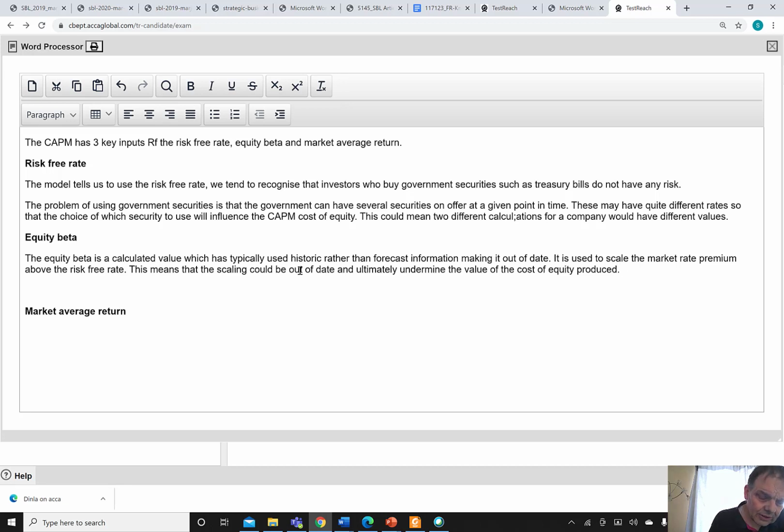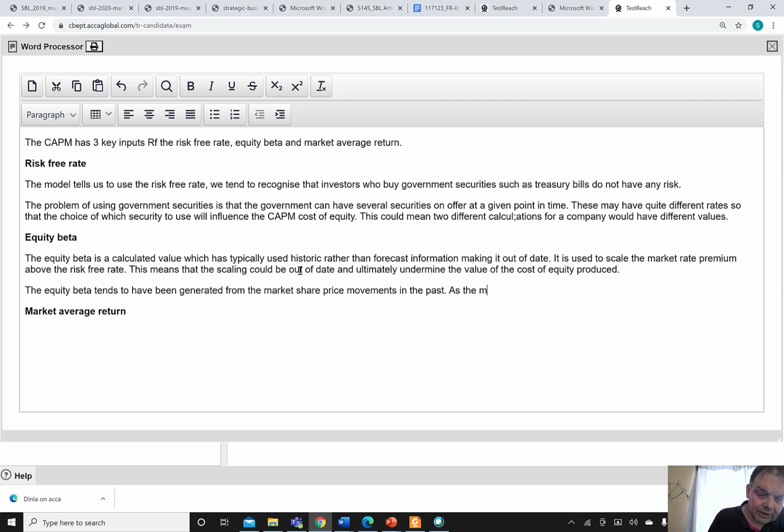It has a second weakness. The equity beta tends to have been generated from the market share price movements in the past.